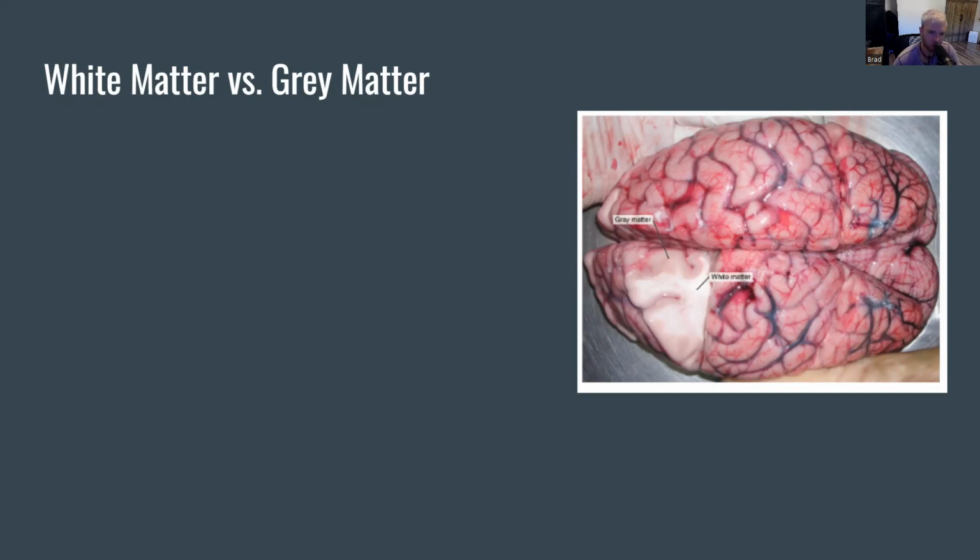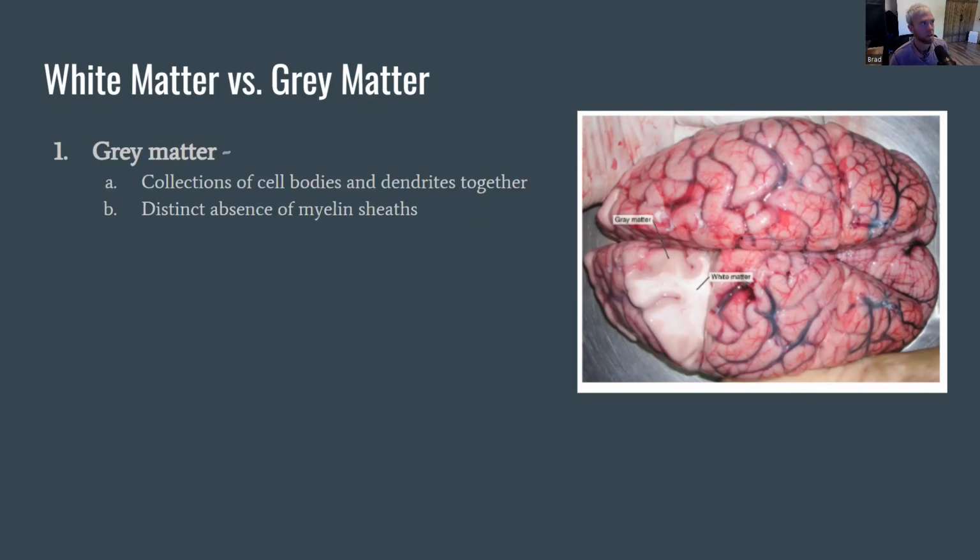They're just communicating back and forth between each other. So gray matter is really just the thinking part, the dendrites and cell bodies. And then the white matter is the sending part. Gray matter is the collection of cell bodies and dendrites, but there are definitely no myelin sheaths there, which is why it's gray. And of course, there are glial cells there supporting that material as well.